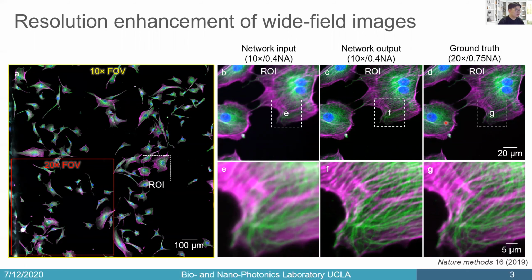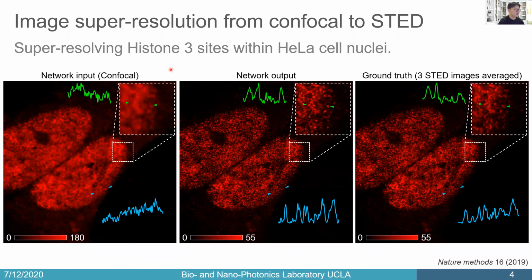We can also apply this method to confocal imaging. Here, this is a confocal image of histone 3 size distribution using HeLa cell nuclei. Because this confocal system is a diffraction limited system, there's not much information that can be revealed by these images.